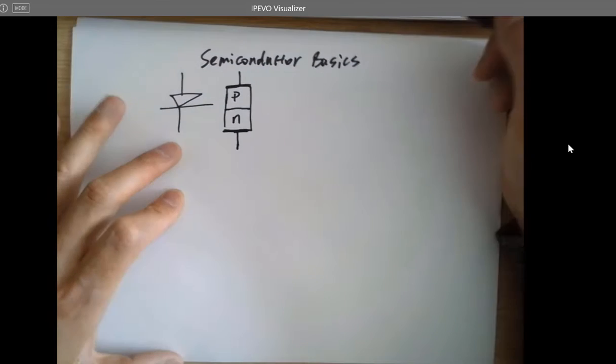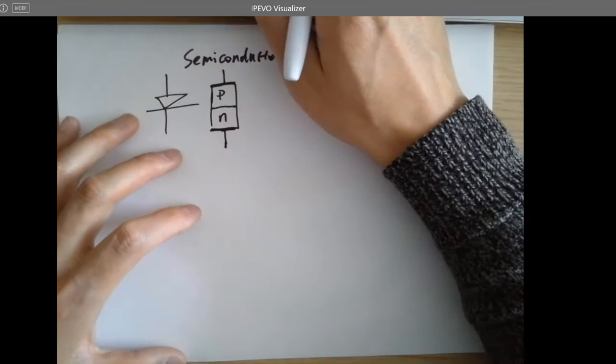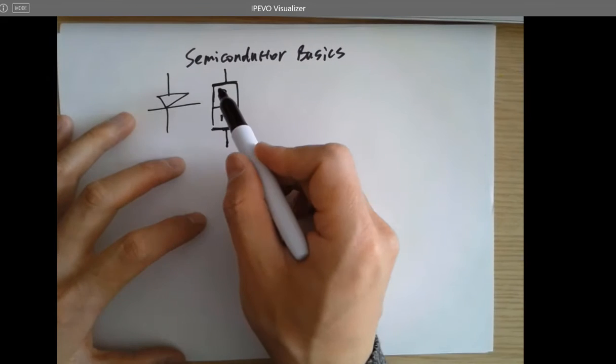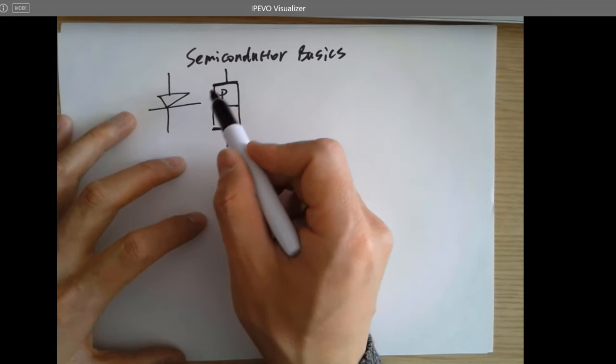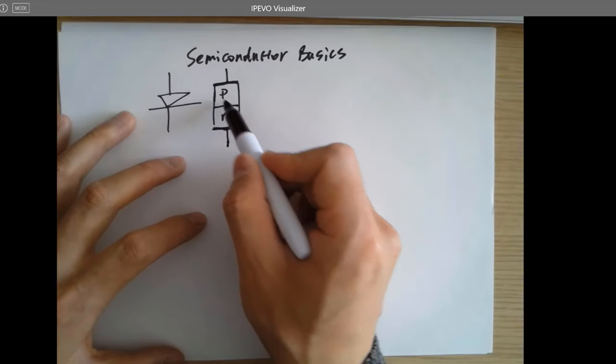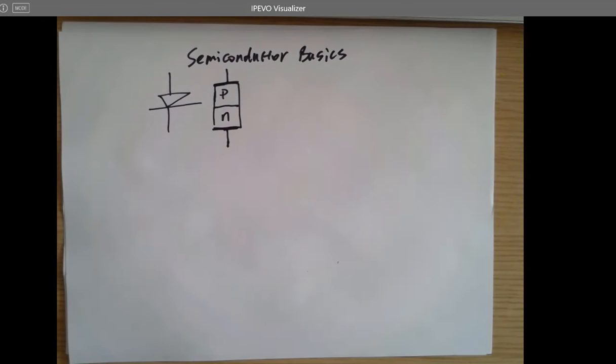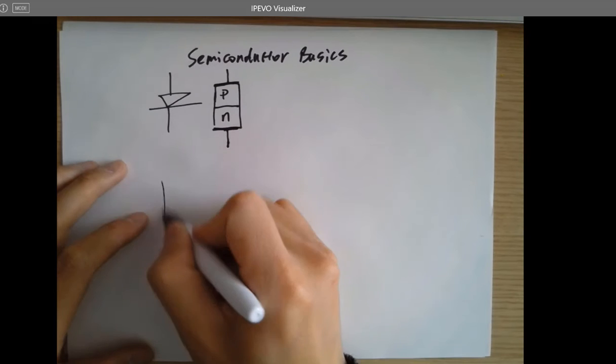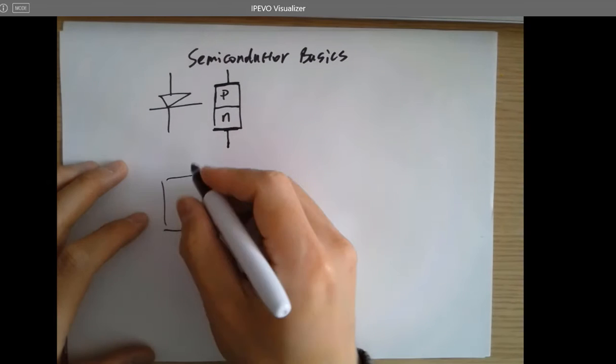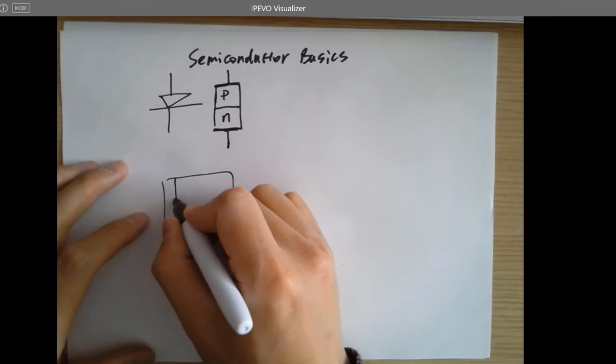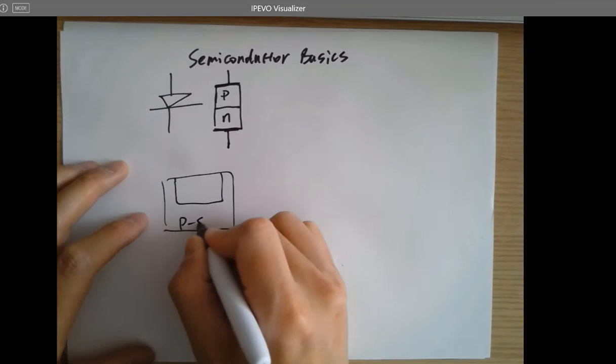In the CMOS fabrication process, you cannot just directly use the 2 pieces of different semiconductor like this and combine them together and form a diode. It actually looks like this. So this is a P substrate.